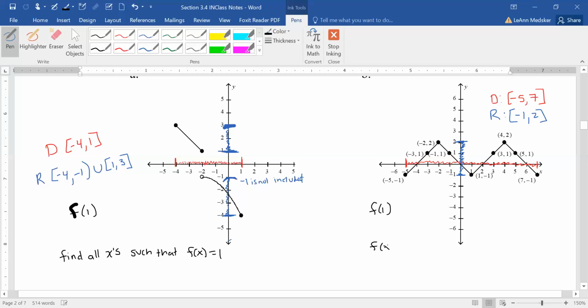So I'll just rewrite that here. So let's just explore what this means. When you're doing function notation, f of x equals y. So the part that's in here is the x coordinate, and the answer on the other side is the y coordinate. So this says, if my x is 1, what is my y? That's what this first question says.